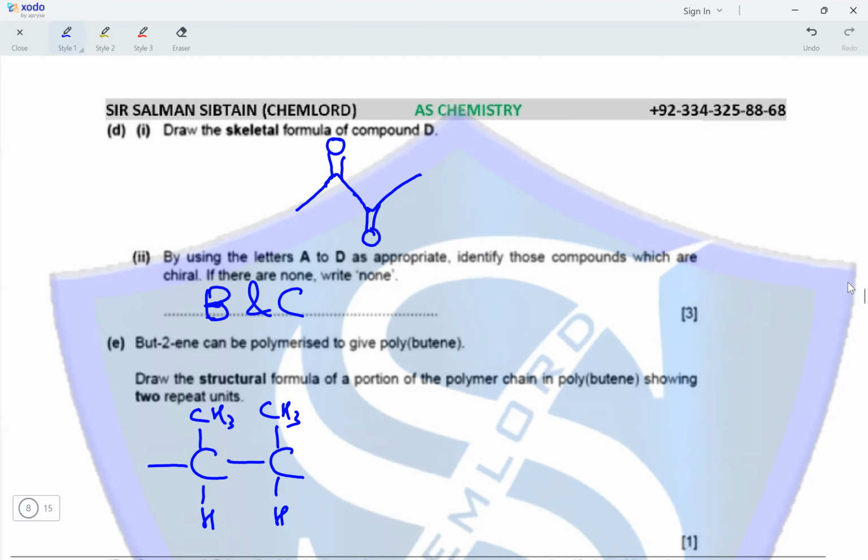And they've asked us to draw two repeat units of the polymer chain of polybutene. So we will have another set of carbon atoms, each having a hydrogen atom on it and each having a CH3 group attached to it. So these are two repeat units of polybutene.